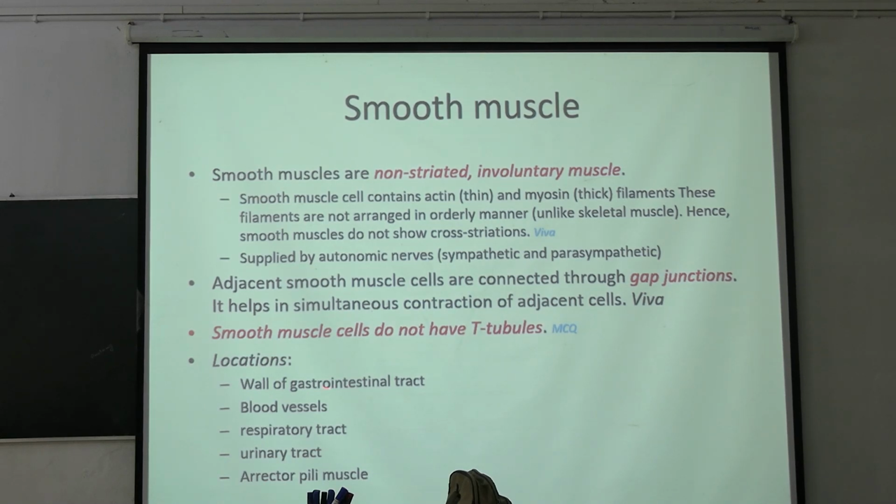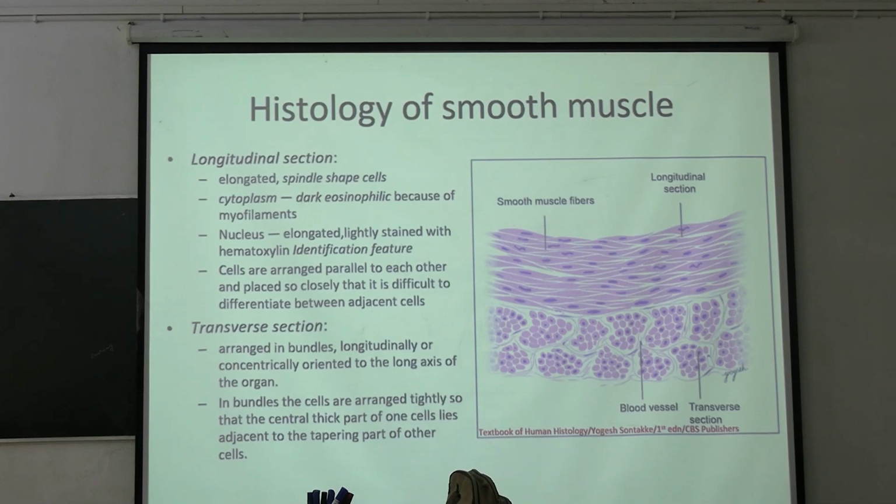Now we'll show you the smooth muscles in the gastrointestinal tract, ileum, everything, a non-striated involuntary muscle. Histology of the smooth muscles: you can see longitudinal spindle-shaped cells, dark eosinophilic because of myofilaments. These are the smooth muscles.